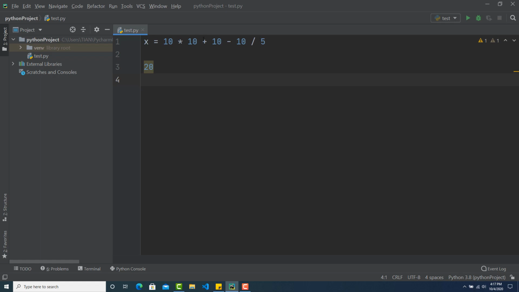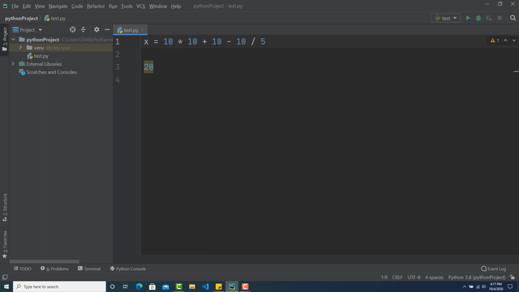When you have a bunch of signs like this, it will actually do this operation first. So 10 divided by 5 is actually 2. So this will just do this one first, and it will keep the 2 here. Then it will do the multiplication. So 10 times 10 is 100. So now we have 100 plus 10 minus 10 minus 2.